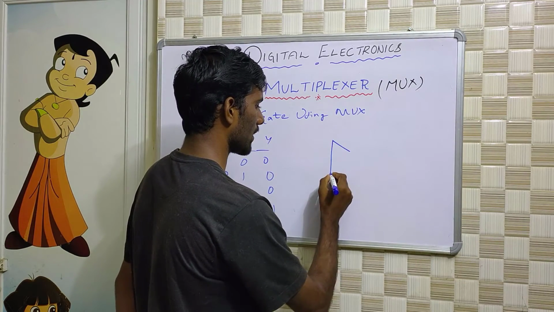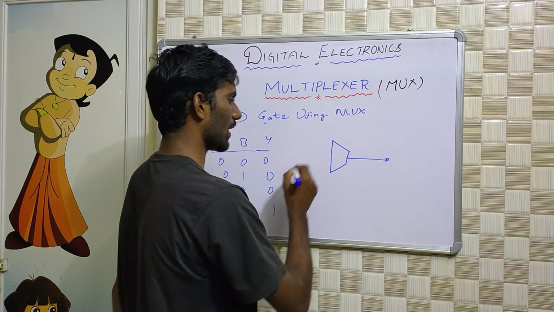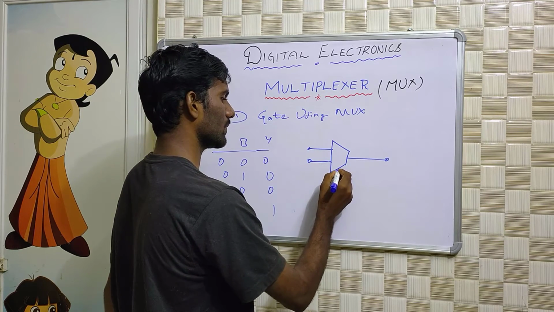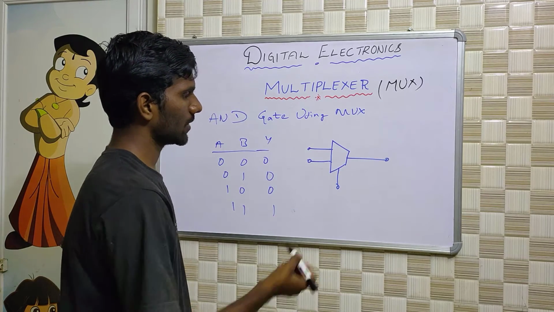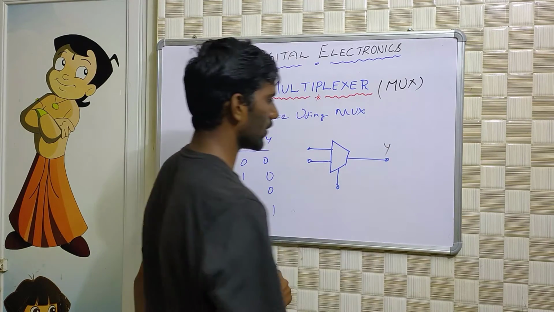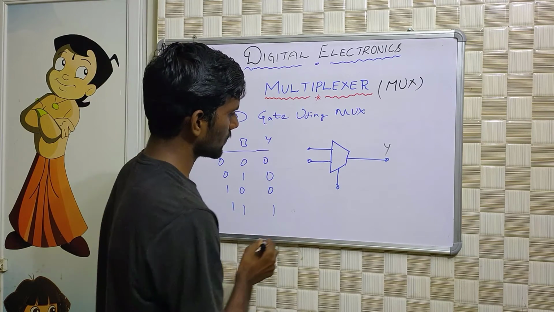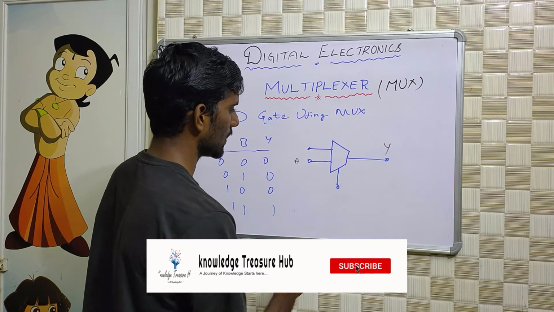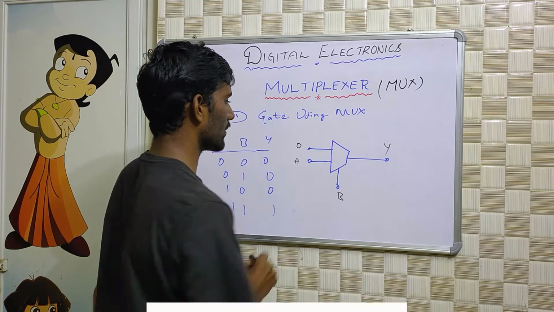A 2 by 1 mux. So one output line, two input lines, then one selector line, right? So here it is output Y. Here we need to choose. I will take one input here, and I will place 0 here.